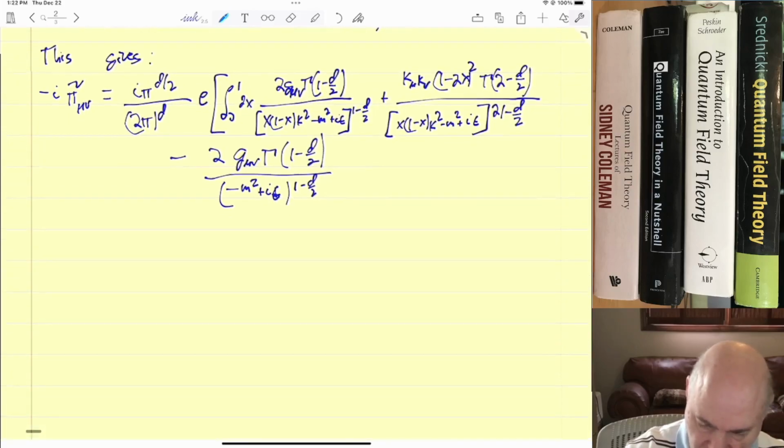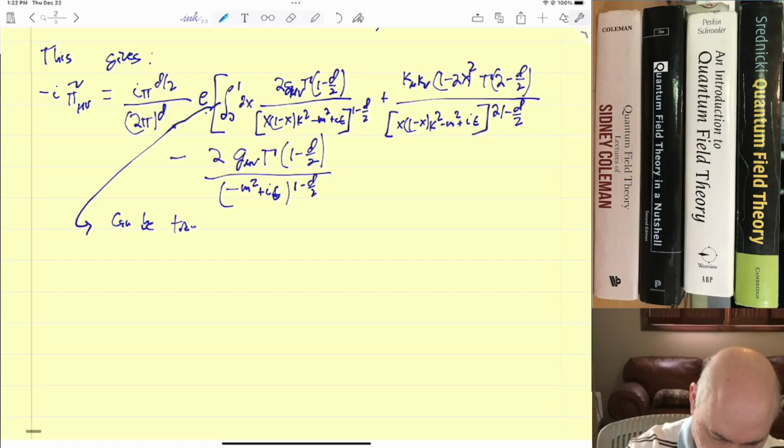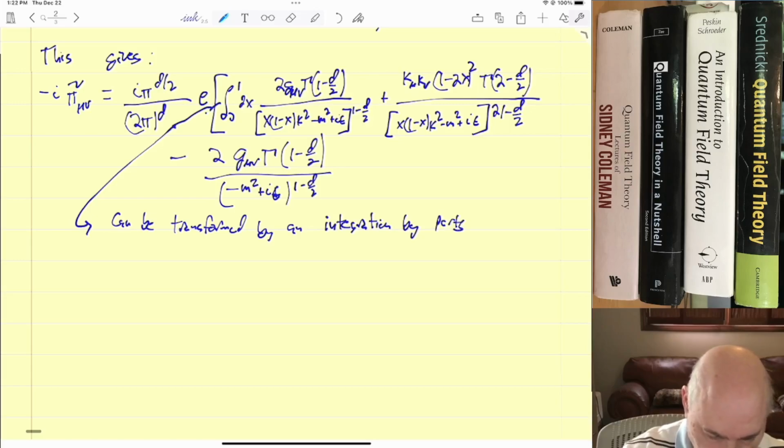Now, this term over here, this first term, can be transformed by an integration by parts. And then you can combine all three terms using properties of the gamma function.